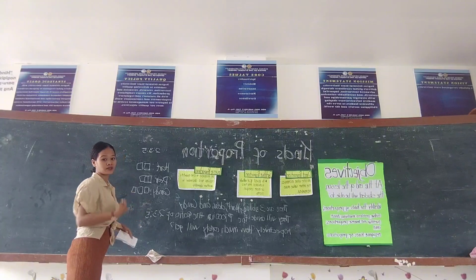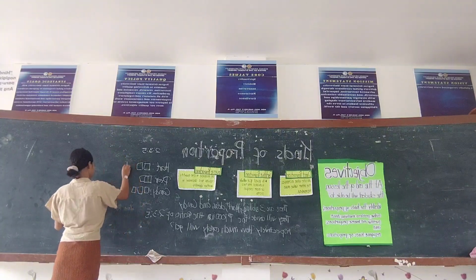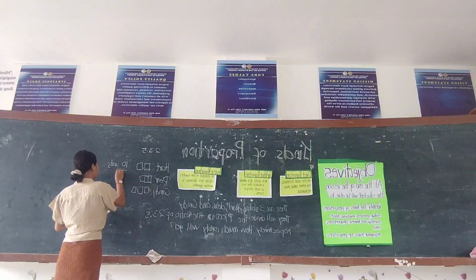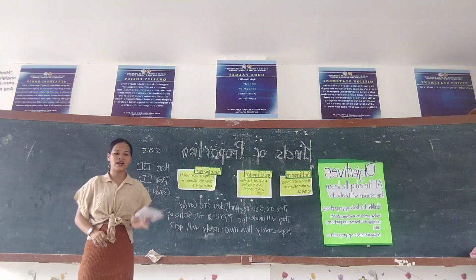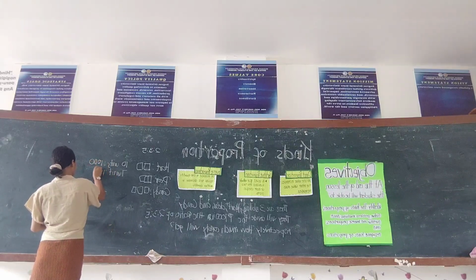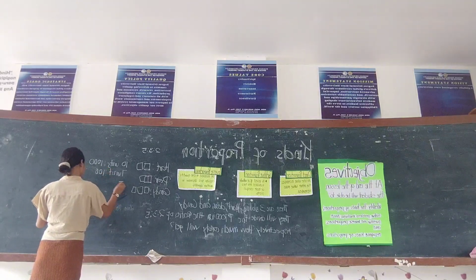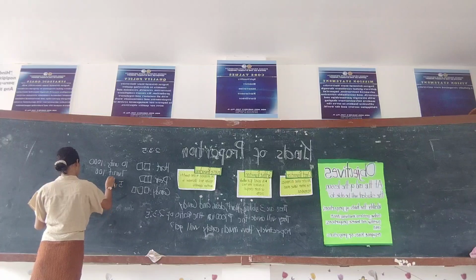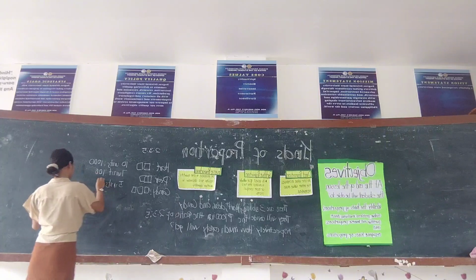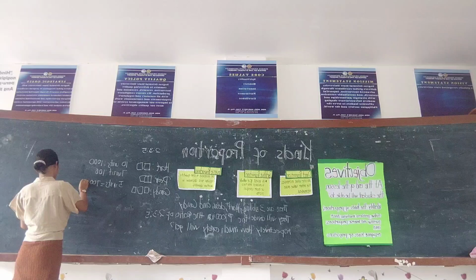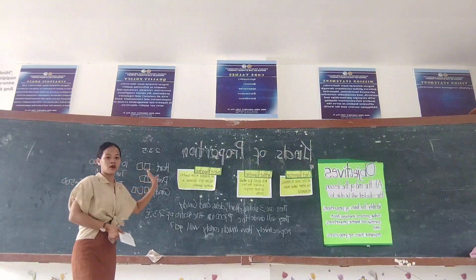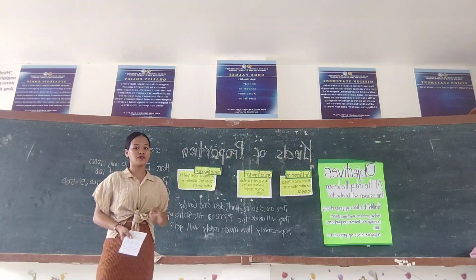Now, in 1,000, there are 10 units. So in 10 units is 1,000, so in 1 unit, there are 100.